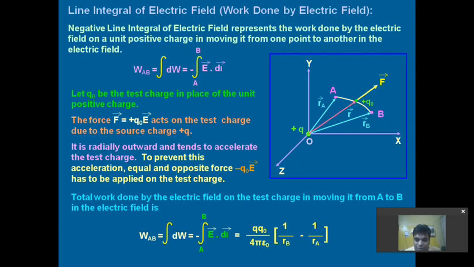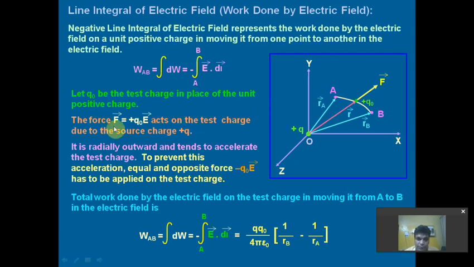So what is the electric field? Electric field is connected to the force F vector. F vector is equal to q naught E vector, and this force is acting radially outward.